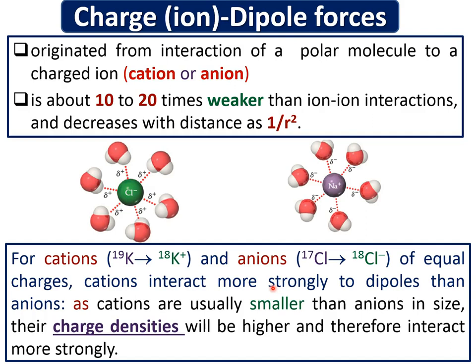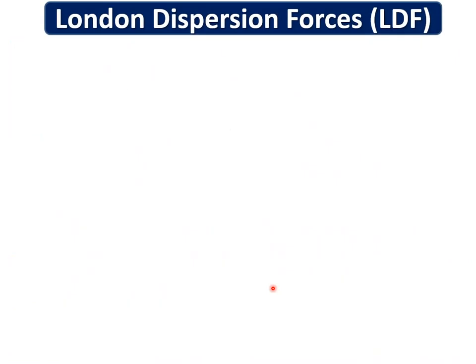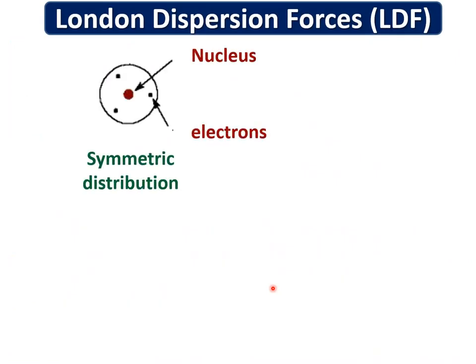Okay. The last type of intermolecular attraction forces is called the London dispersion force. And this is a class of the van der Waals forces, the physical attraction. And this class of attraction exists actually in nonpolar molecules.